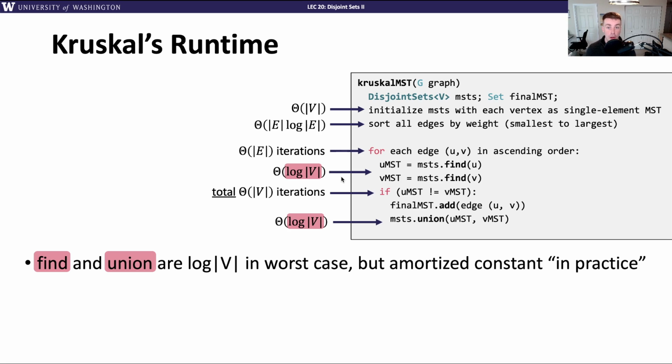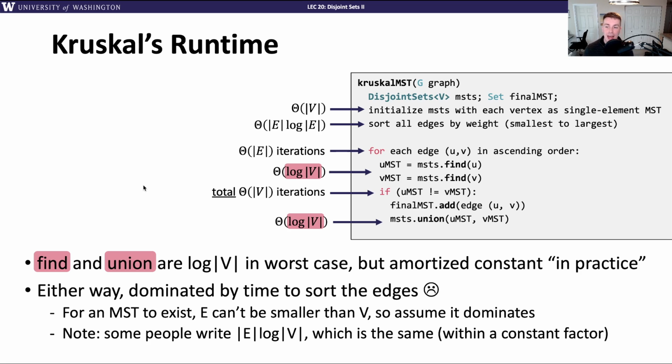Now, one thing in particular about minimum spanning trees that we didn't quite analyze before, but we have to highlight now, is that in any context, the number of edges is going to dominate the number of vertices. The reason is we can't have fewer than v minus 1 edges, because we need this graph to be connected, right?